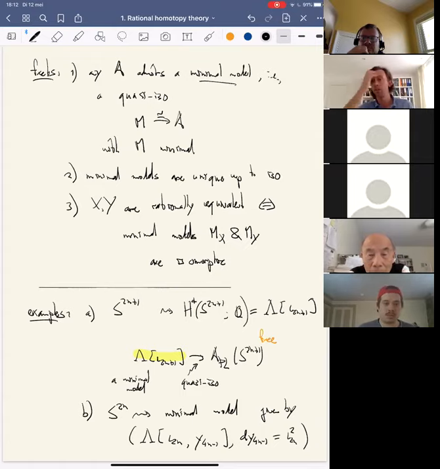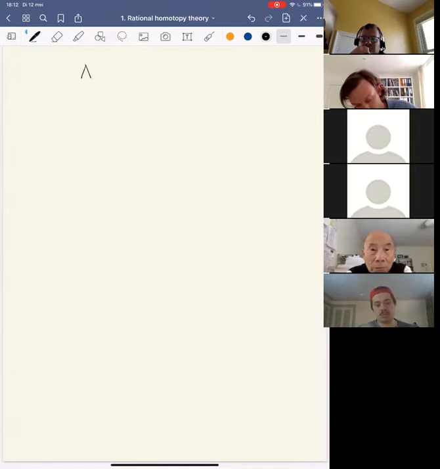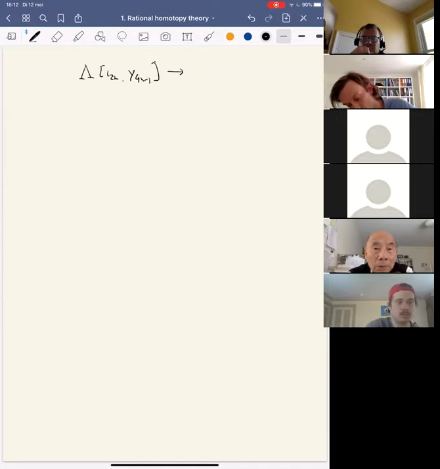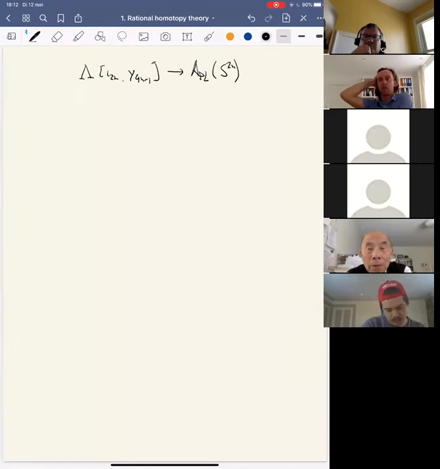Okay, so I've constructed a minimal CDGA in this case, and it's reasonably easy to see that you can map this thing into APL of S^{2n}. Namely, first of all, you send iota_{2n} to any representative of the fundamental class.